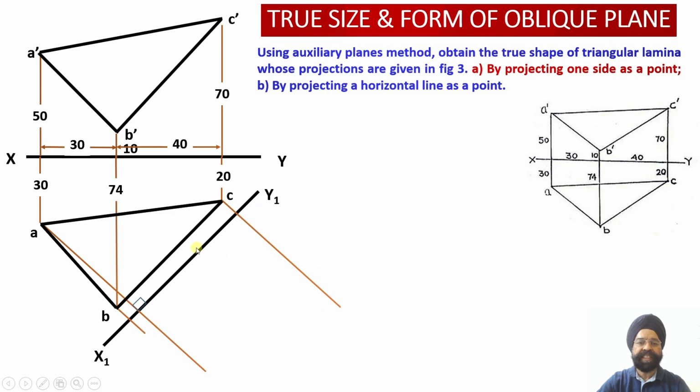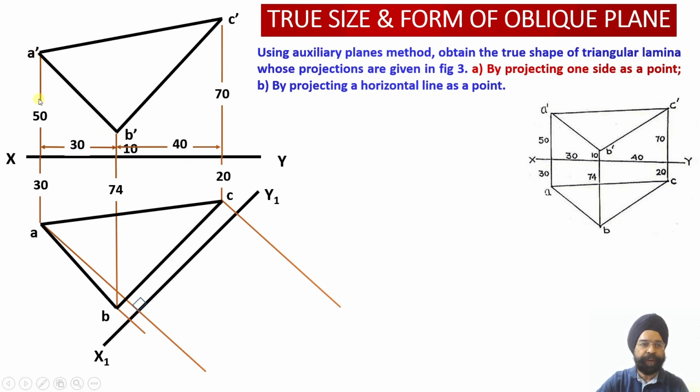Now we have already discussed that the projections obtained on AVP will be the auxiliary elevation. So the projections obtained on AVP, since they are auxiliary elevation, the distances of the elevation from the XY reference line will be drawn onto this side. So the auxiliary elevation drawn over here will correspond to the distances of points A dash, B dash and C dash from the XY reference line.